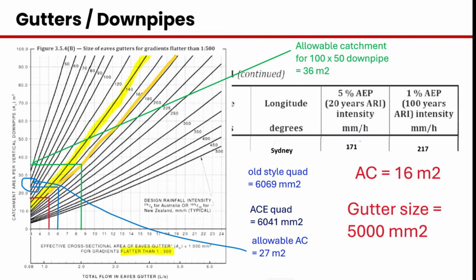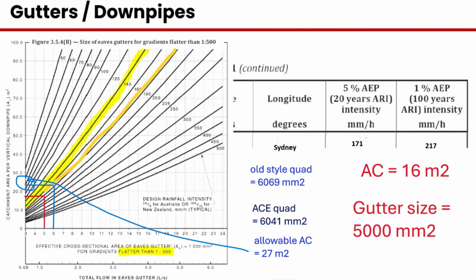So we worked out all these different endpoints to figure out whether these gutters actually complied to the code, whether the gutters were undersized or not. Now, as you can see, after we've done all the calculations, the gutters on this particular roof are well oversized.